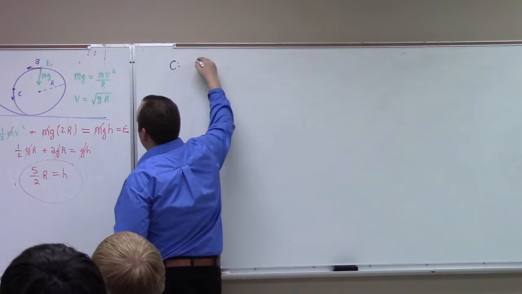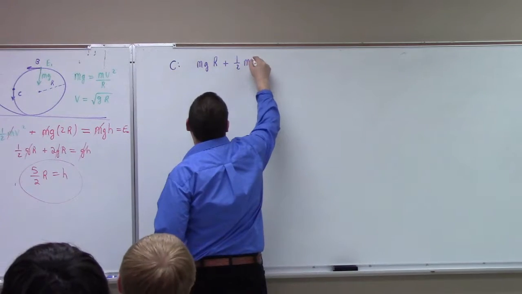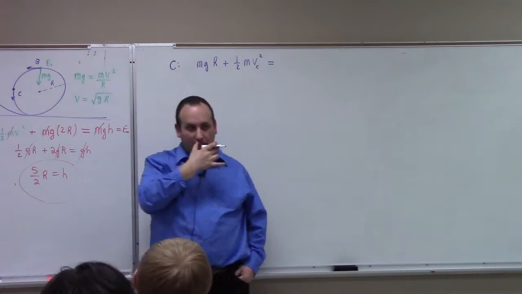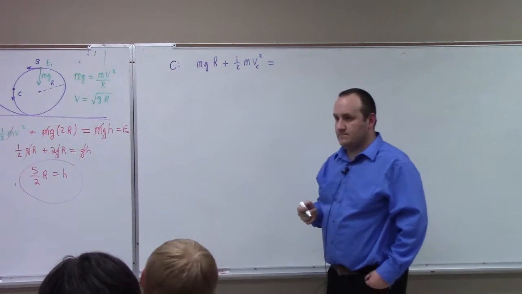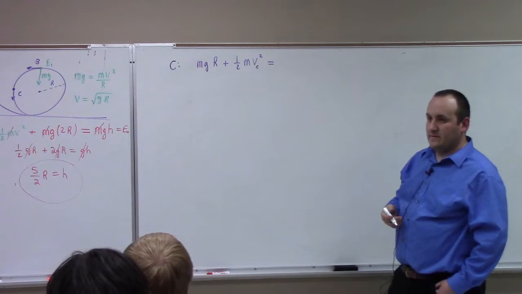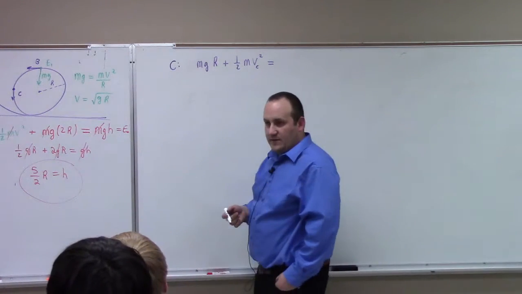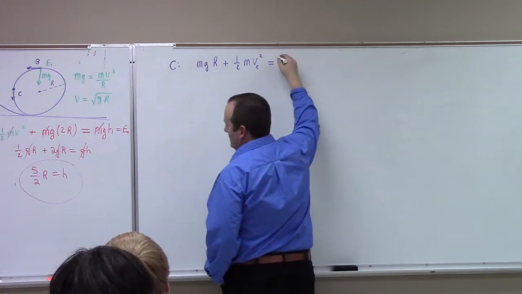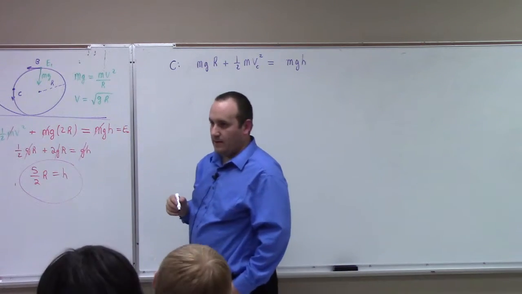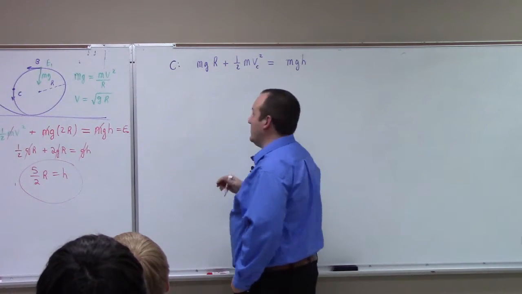How about this: mgr plus 1/2 mvc squared is equal to what? The total energy of the problem, right? You could set it equal to mgh, you could set it equal to 5 halves gr, whatever you want. Anyway, it's equal to mgh, fine. You have enough information to figure it out, so you can solve this for vC.